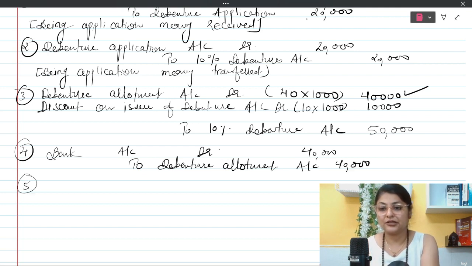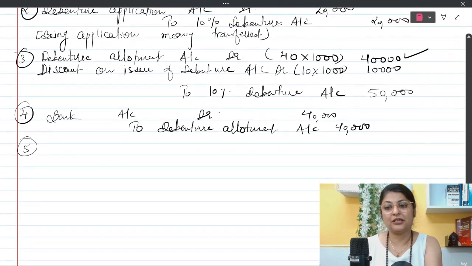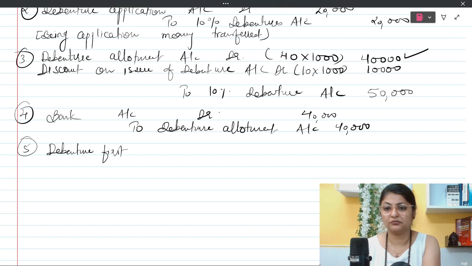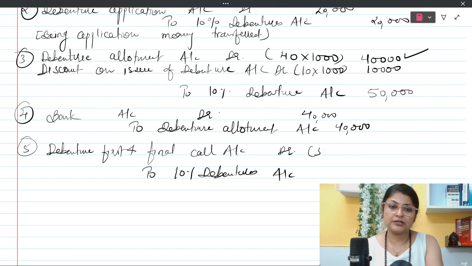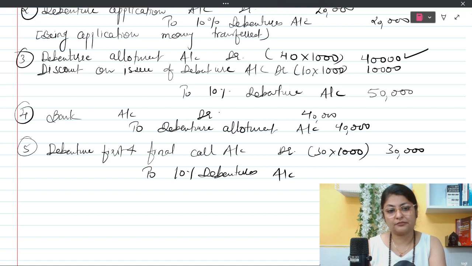Now the next entry is debenture first and final call. It will remain the same. First and final call account debit to 10% debentures. Here the amount is 30 rupees, 30 multiplied by 10,000, sorry, it is 30,000 rupees.